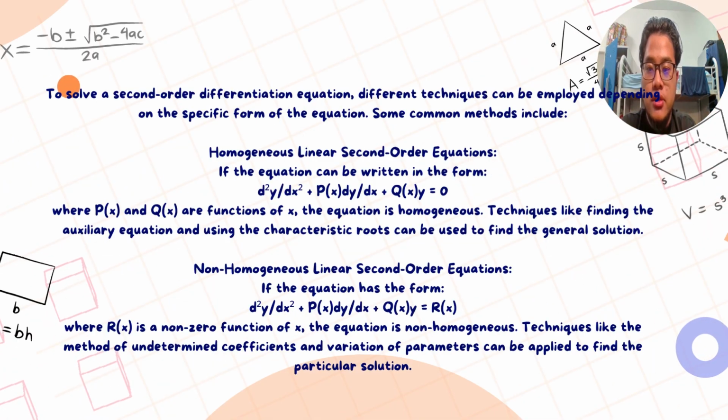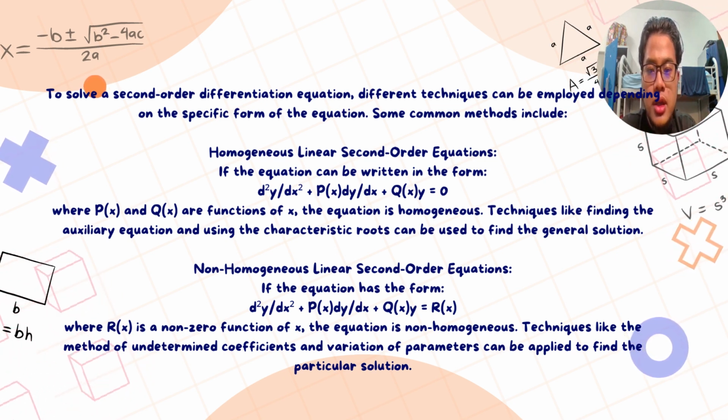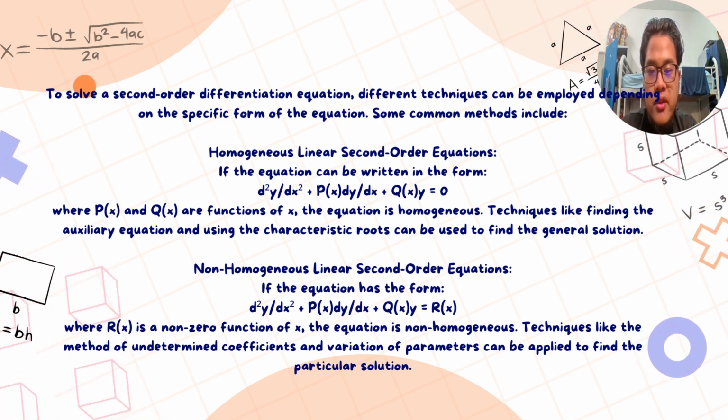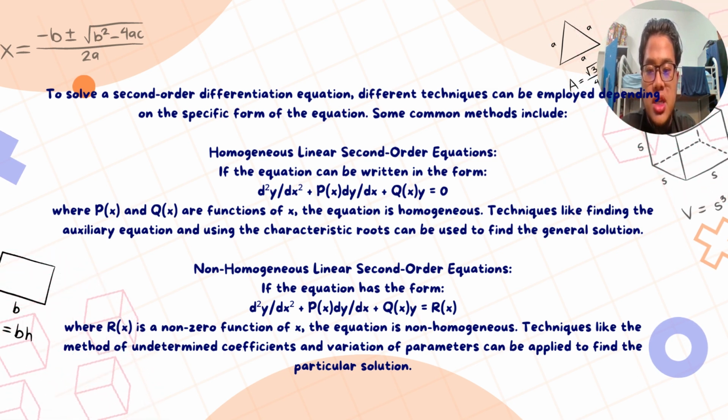To solve a second order differential equation, different techniques can be employed depending on the specific form of the equation. Some common methods include the homogeneous linear second order equation.